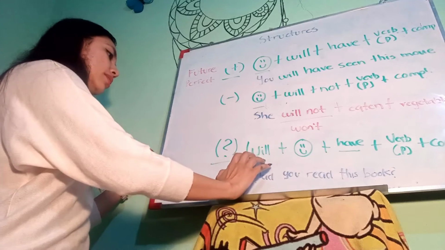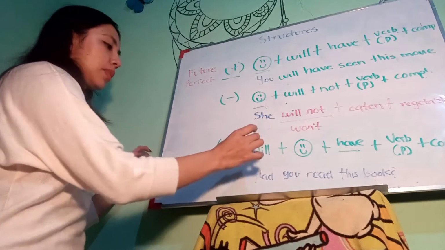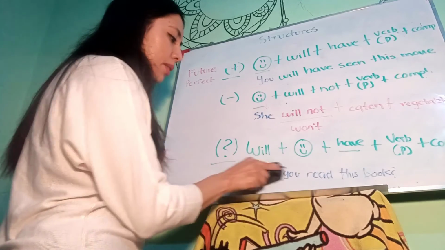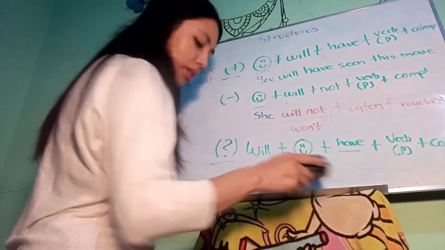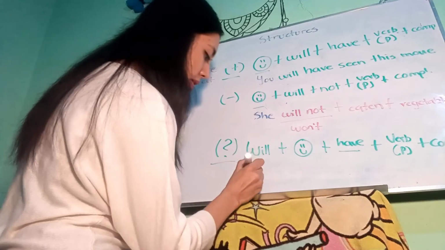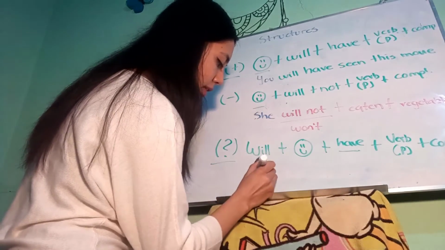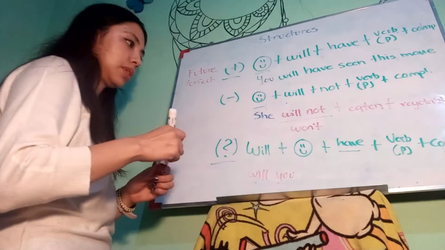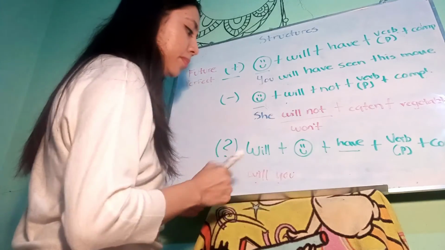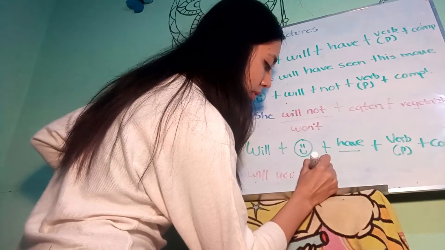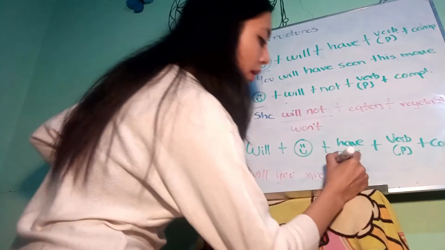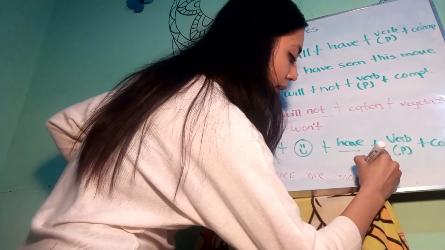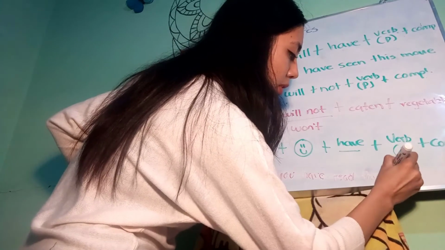So in the first position, we have will, my auxiliary, my subject, will you, will you have read this book.